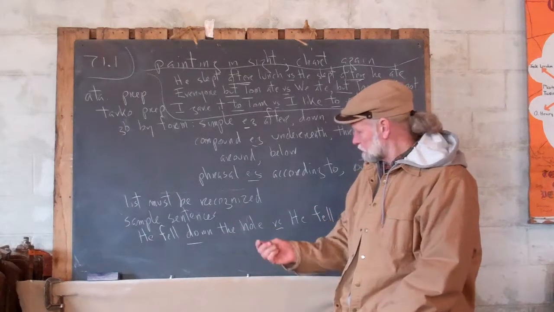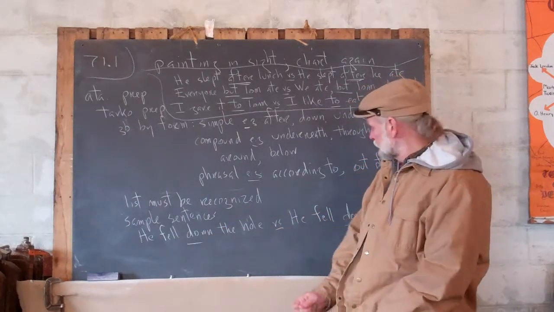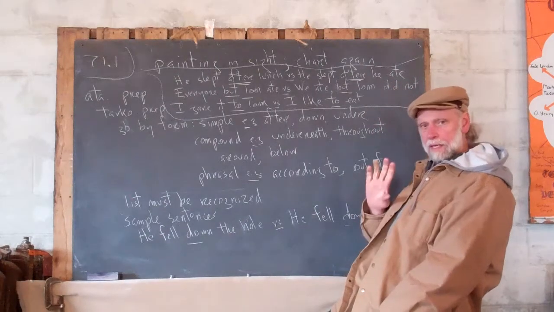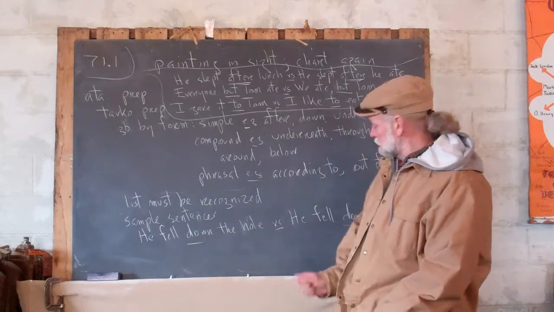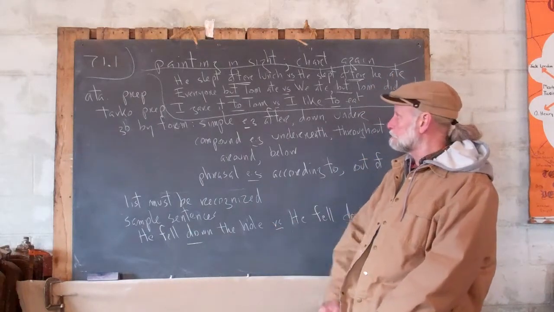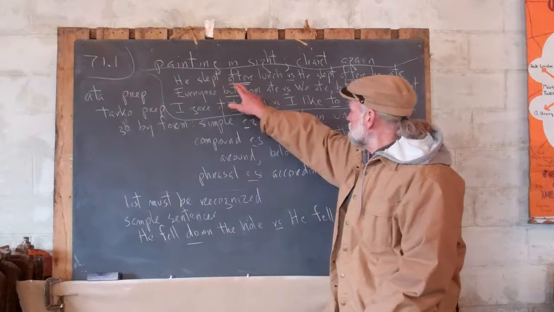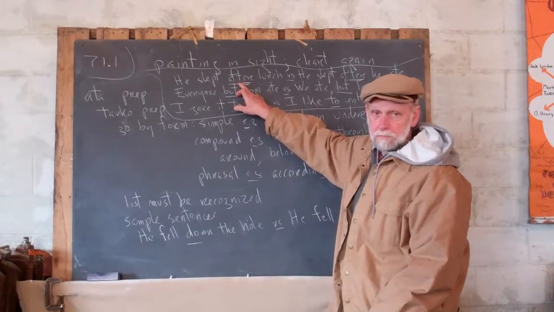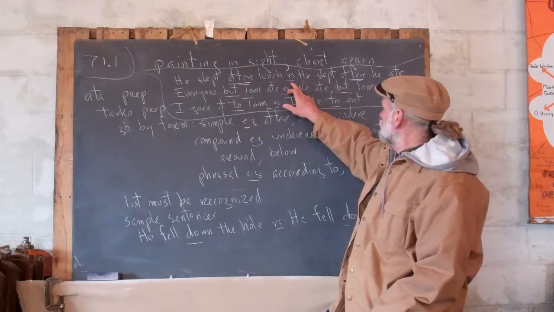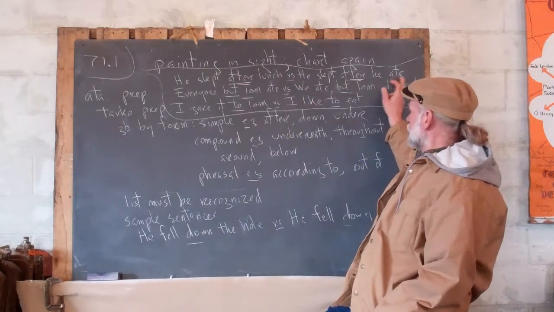That's part of it. Down, oh, that's a preposition. But it can be an adverb, and I told you that already. Down, I fell down. There's no prepositional phrase there. It's not a preposition now. It's an adverb. Well, he slept after lunch. Right there is the prepositional phrase. After is a preposition.